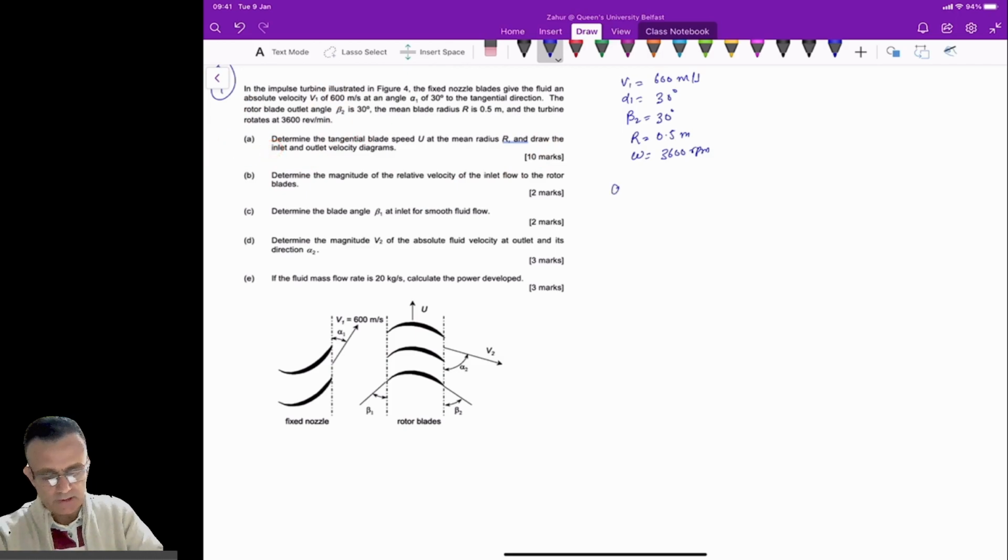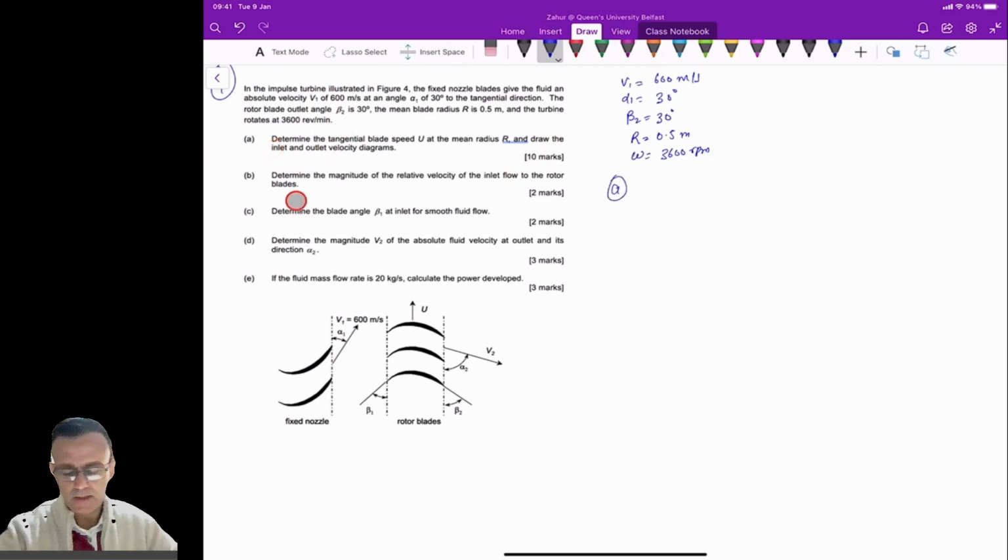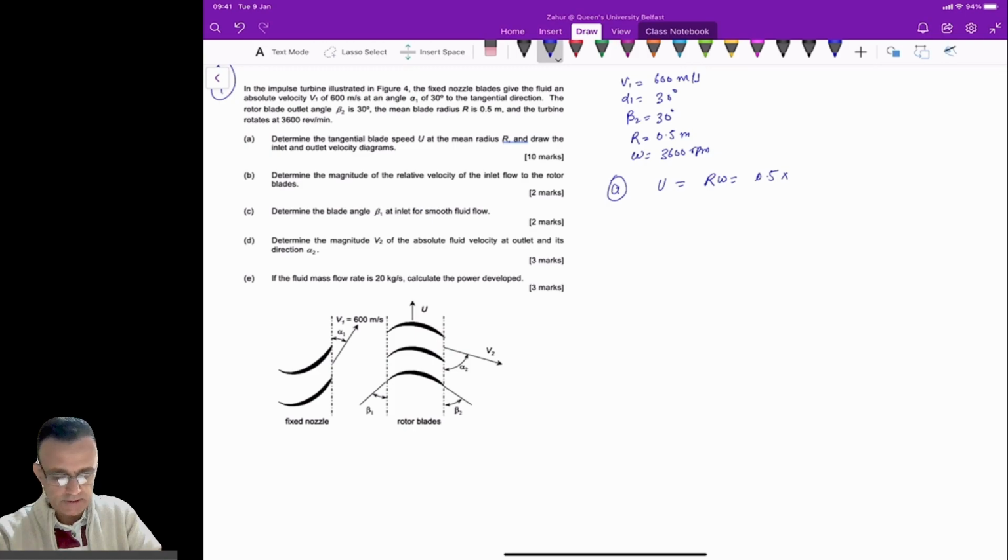Okay, so in part A, determine the tangential blade speed u at mean radius r, and draw the inlet and outlet velocity diagram. So in this case, you need to calculate u here. u is obviously r omega. So r is given, which is 0.5, and omega is given, which is 3600.